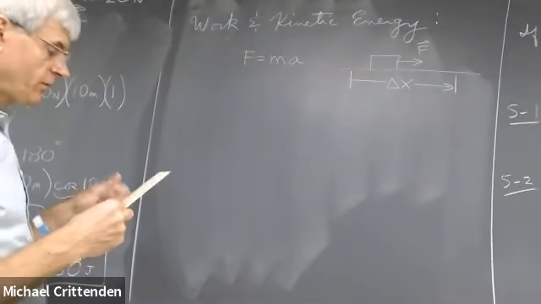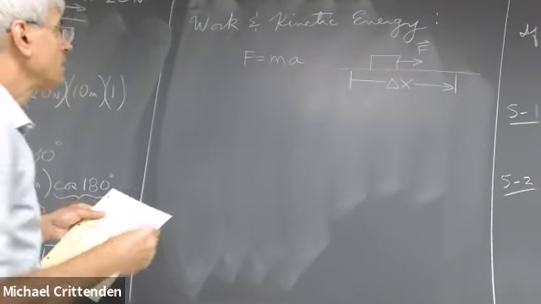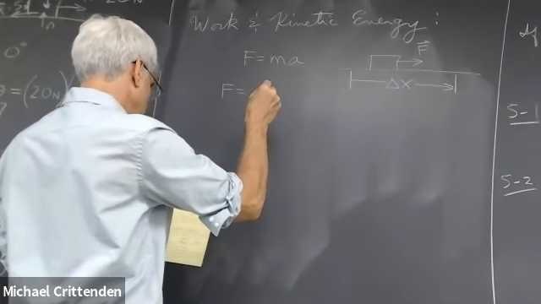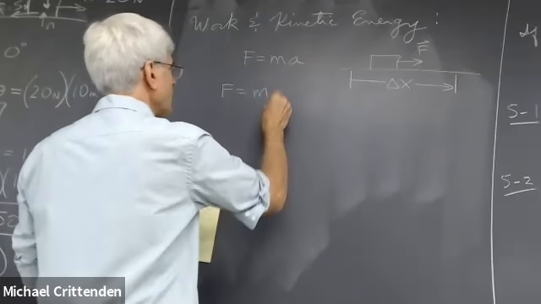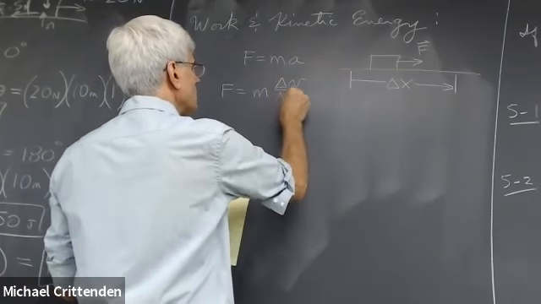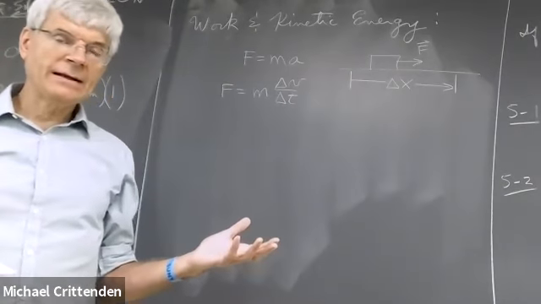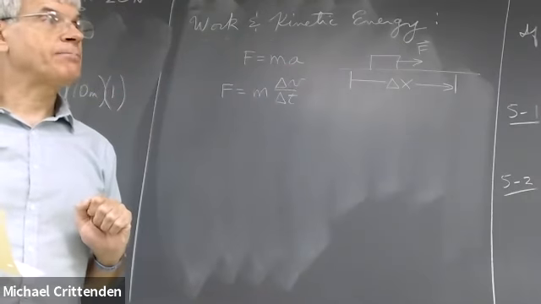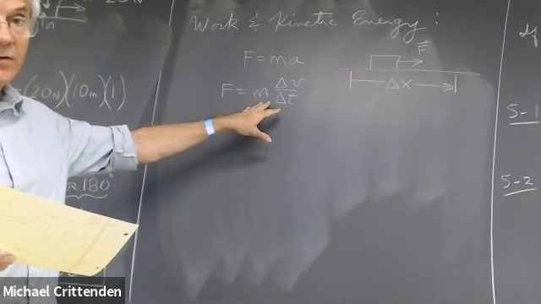I'm going to apply F = ma to that. I'm going to substitute in the definition of acceleration, delta v over delta t, with the understanding that if the force changes as time passes, you'll need to take the limit as delta t approaches 0.